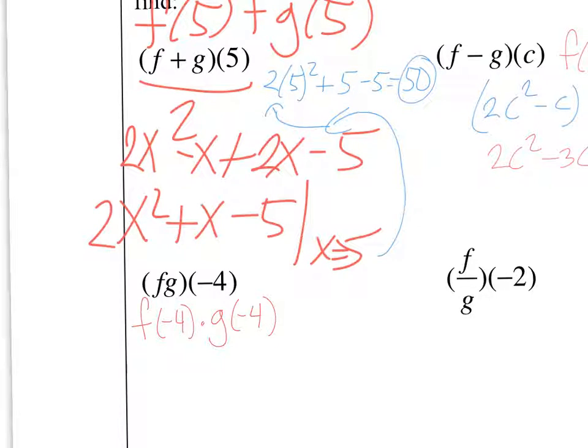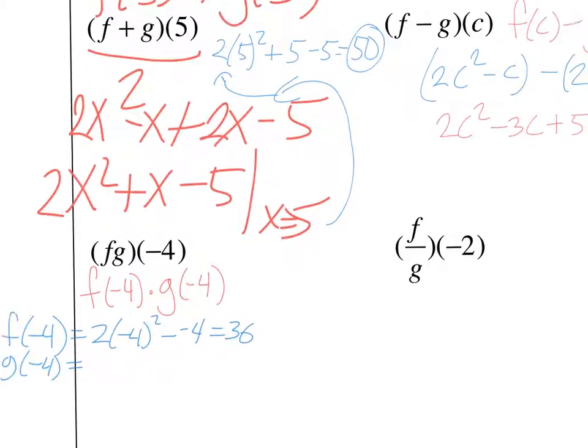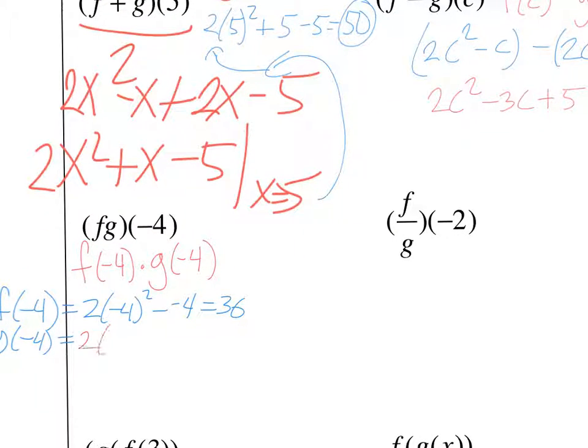I'm going to find f of negative 4, and that would be 2 times negative 4 squared minus negative 4. 2 times negative 4 squared is going to be 32, minus negative 4 is going to be 36. And then we find g of negative 4, and I'm going to go back up to see, 2x minus 5. So we're looking at 2 times negative 4 minus 5. That would be negative 13.